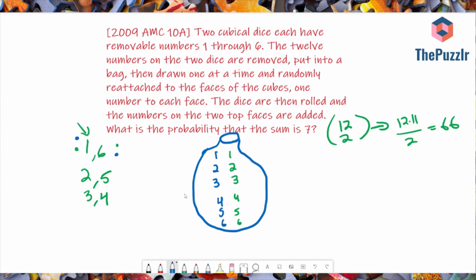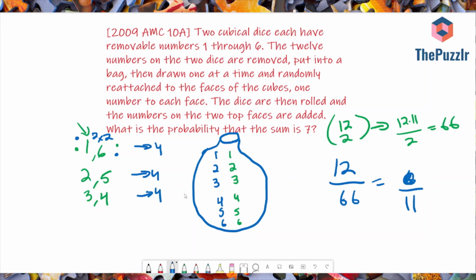And so on. So for each number, you have two choices. So 2 times 2 gives us 4 choices here. Similarly, 4 choices here and 4 choices here. So we have that 12 total choices work for the dice roll. So 12 over 66, that's equal to 2 over 11. And that's it. Our answer is 2 over 11.